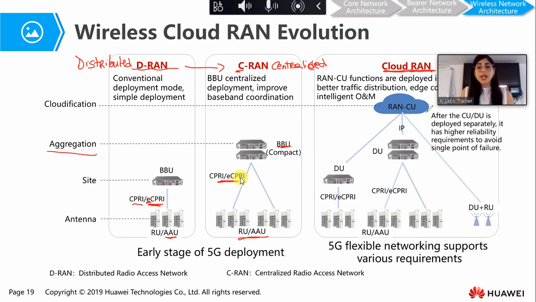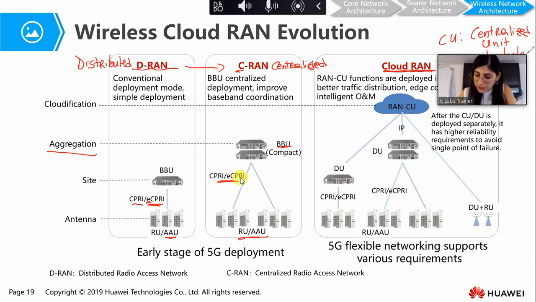In Cloud RAN, the functions of the baseband unit, the functions of our gNodeB, are split into 2 entities. One entity is called CU. CU stands for Centralized Unit. And another entity is the distributed unit.